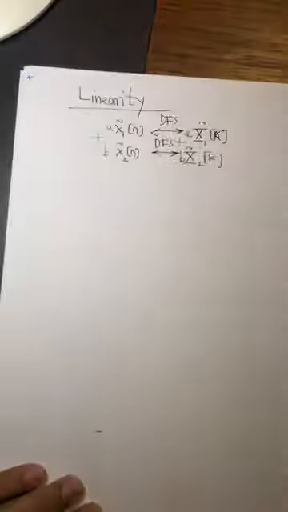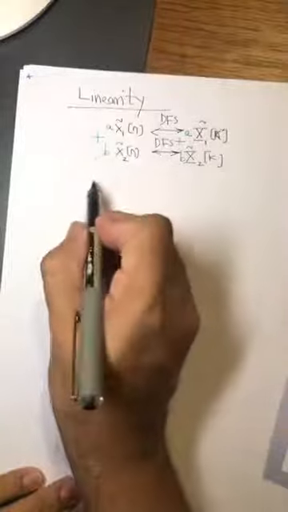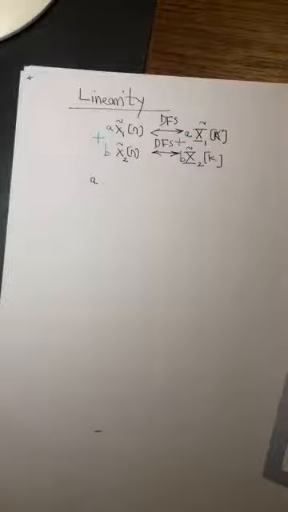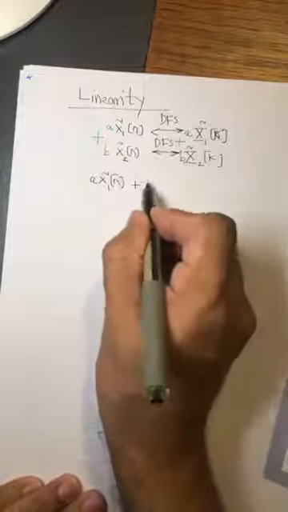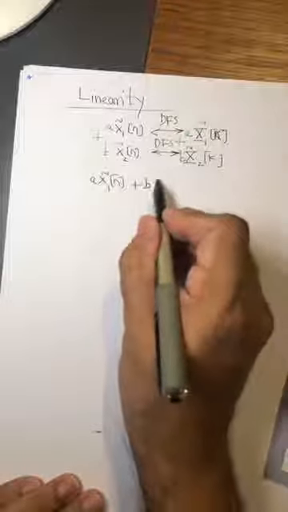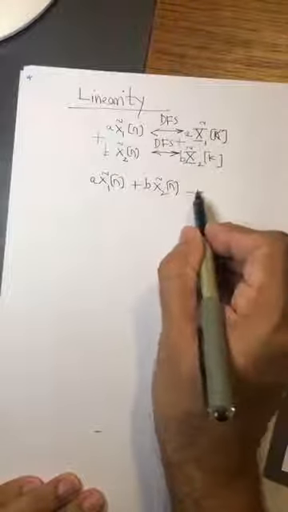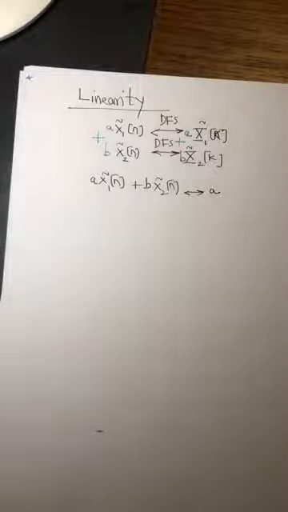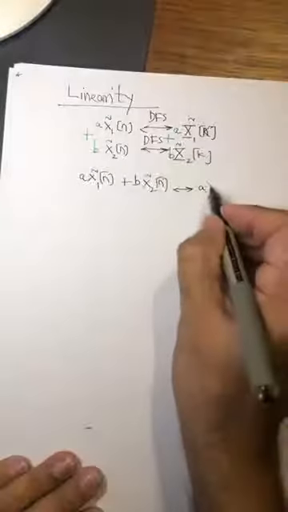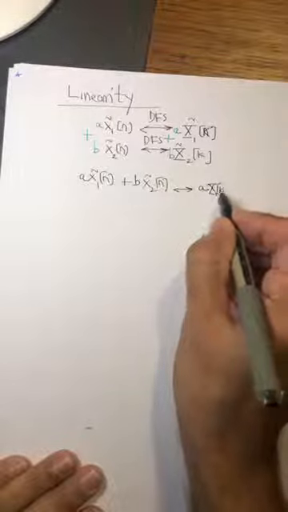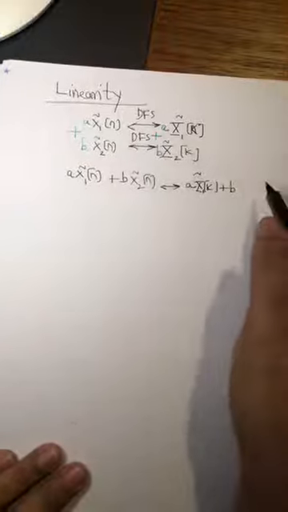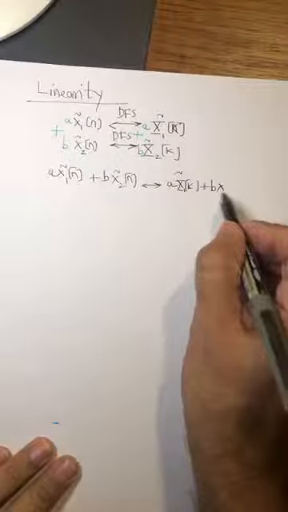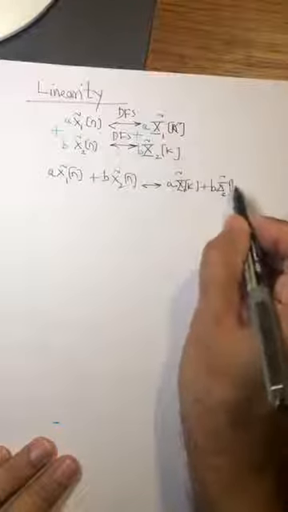So this property is called the linearity property, which says a x1 tilde of n plus b x2 tilde of n gives us a x1 tilde of k plus b x2 tilde of k.